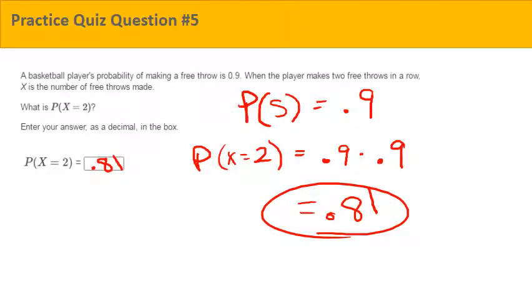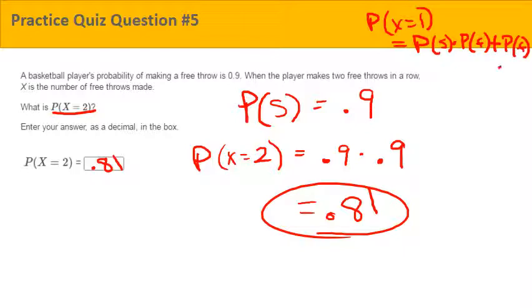Now don't forget, if you do have a question where it asks probability of 1, because there are different things it can ask here, if you get probability of x equals 1, don't forget that is probability of success times probability of failure plus probability of failure times probability of success.